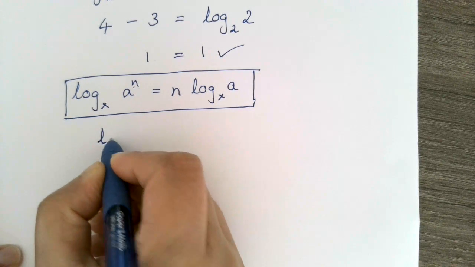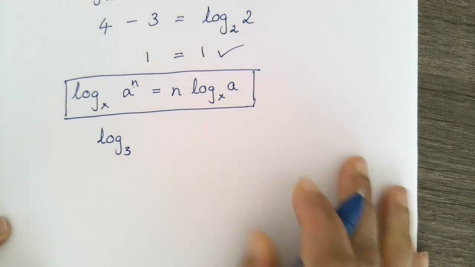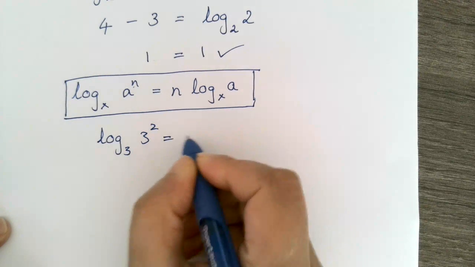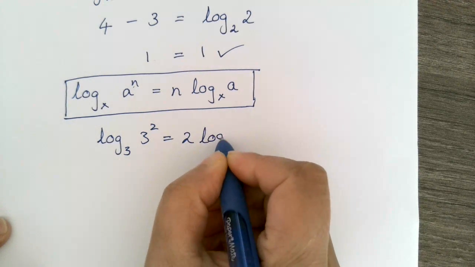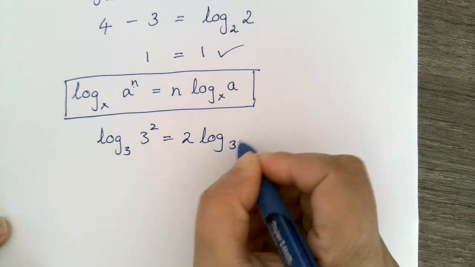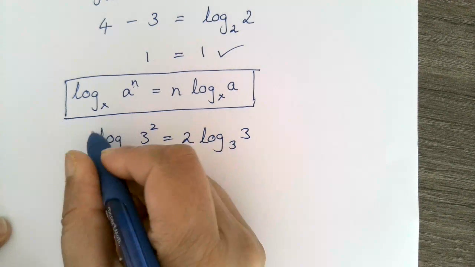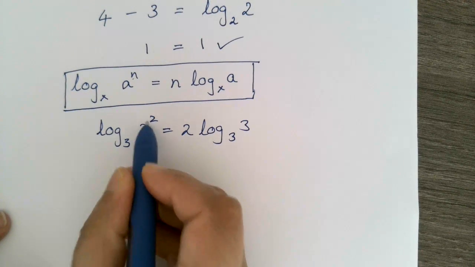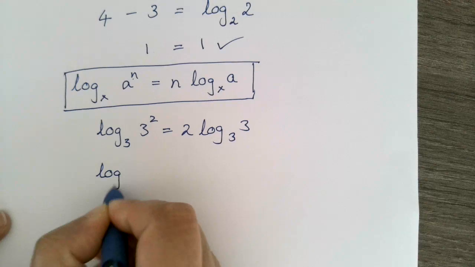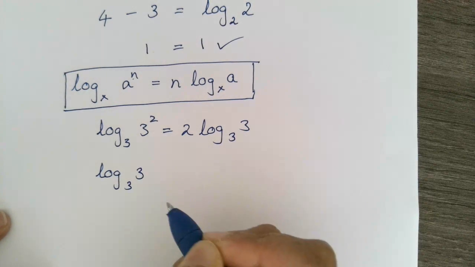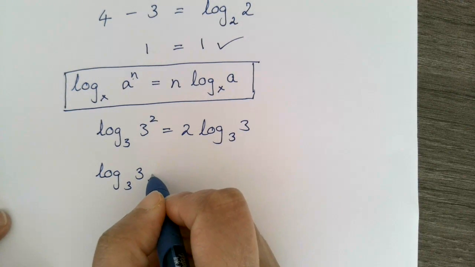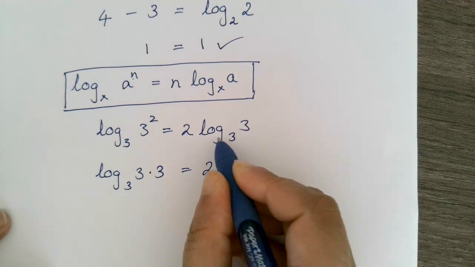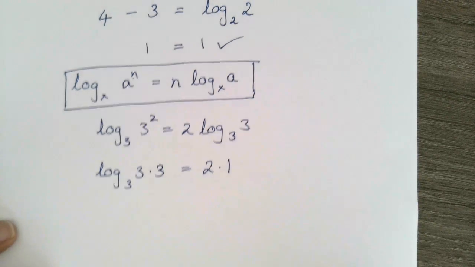If we have log base 3 of 3 squared, that must be 2 log base 3 of 3, because that 2 must come in front of the log according to the property. Now 3 squared can be written as 3 times 3, so this equals 2 times log base 3 of 3, which is 1.